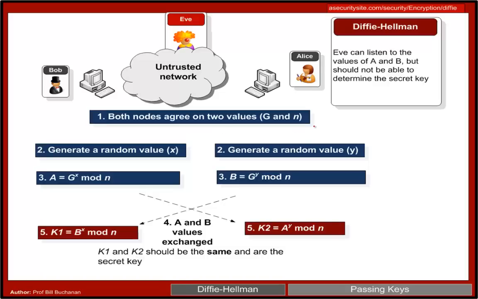Okay, so this is the basic algorithm. We agree on G and an N value. Bob generates an X value. Alice generates a Y value.